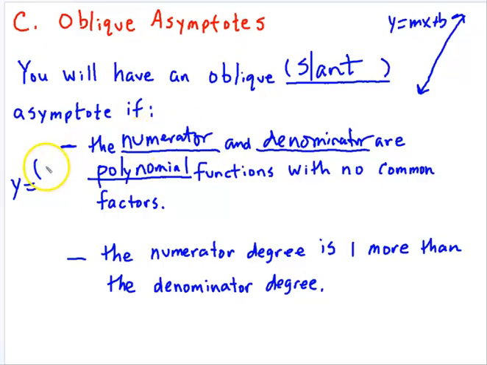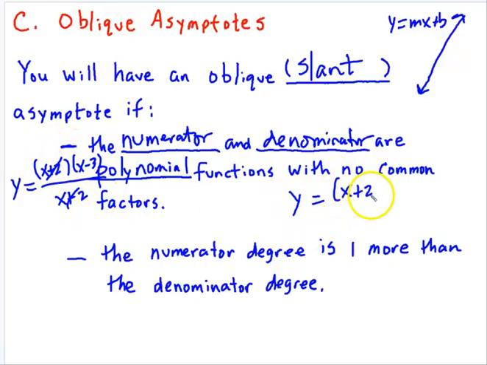Numerator and denominator are both polynomials. So here's a situation where there are common factors. All right, I got everything in factored form. I notice that I've got x plus 2 that can cancel. Well, this is an example of having common factors, so I would not have to worry about an oblique asymptote here. All right, so here's a counterexample.